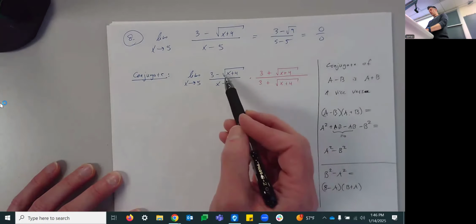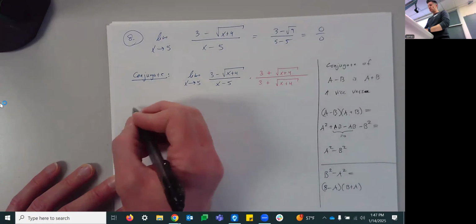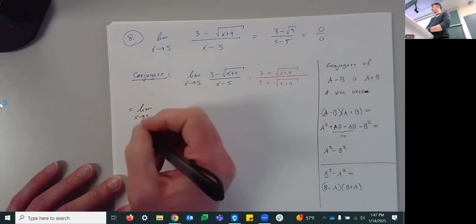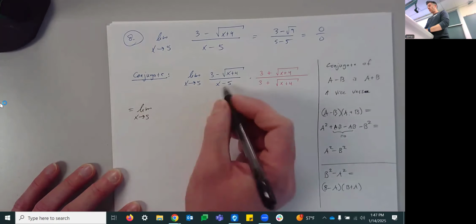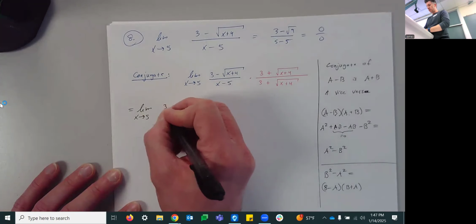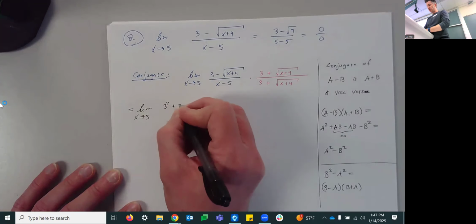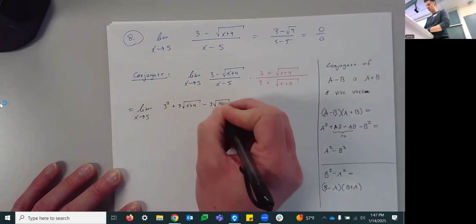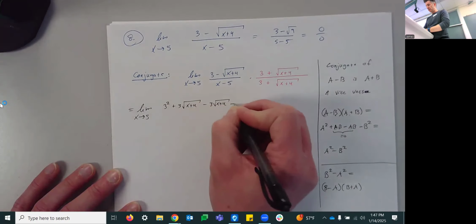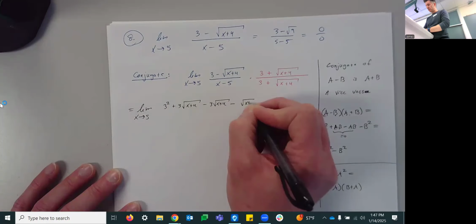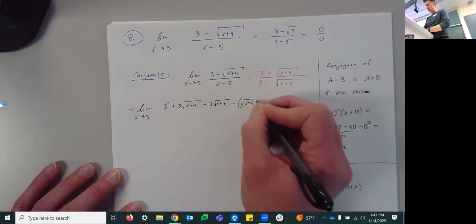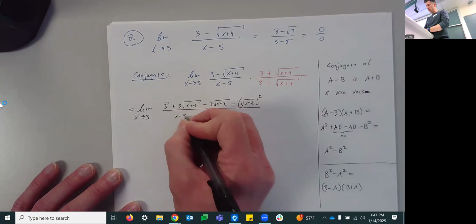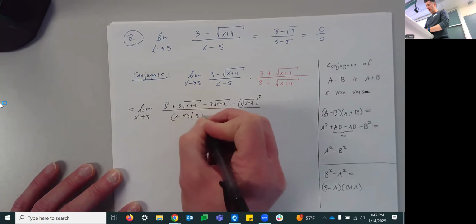Back to here, we're going to multiply out the conjugates. Usually you should skip the step of actually multiplying out the conjugate things, meaning I don't really want you to write 3 squared plus 3 times the square root of x plus 4 minus 3 times the square root of x plus 4 minus the square root of x plus 4 times the square root of x plus 4, or square root of x plus 4 squared, because we know that the middle terms are going to add up to 0.